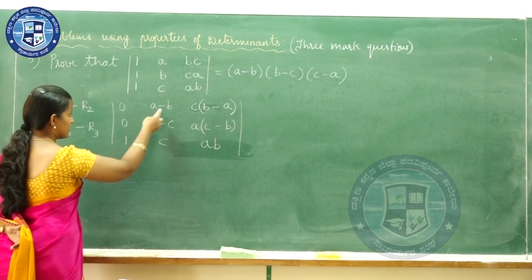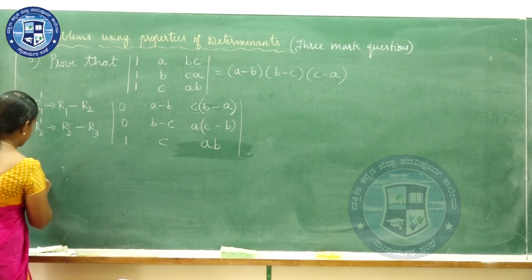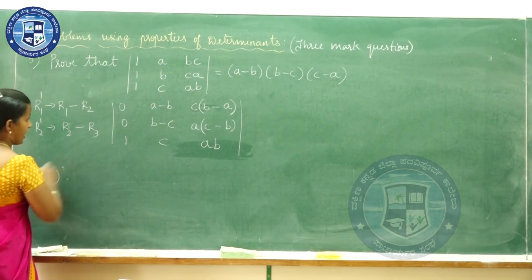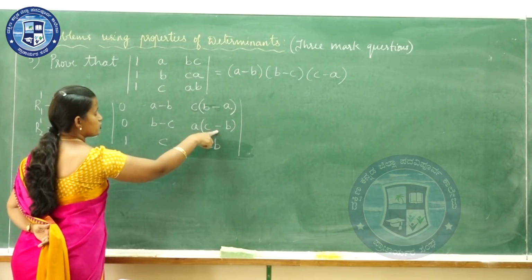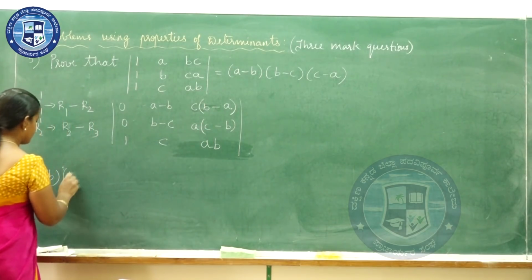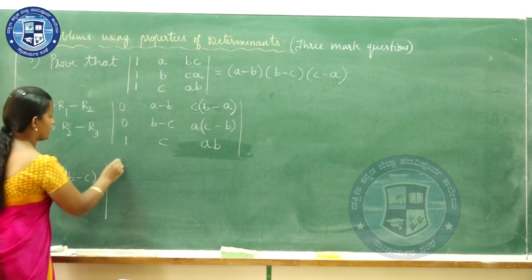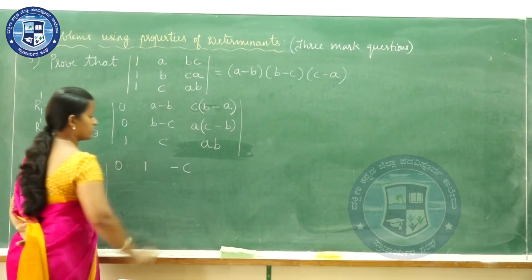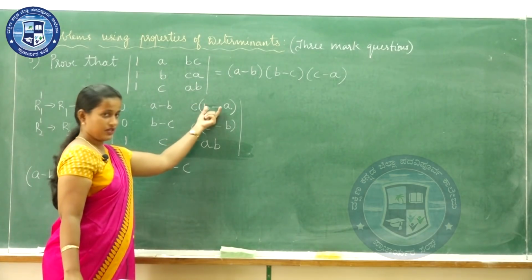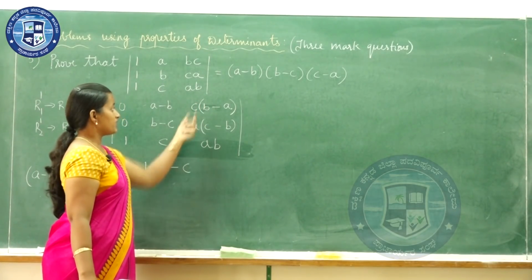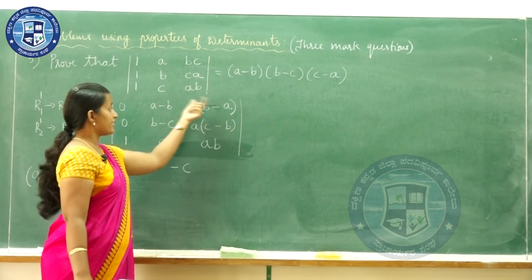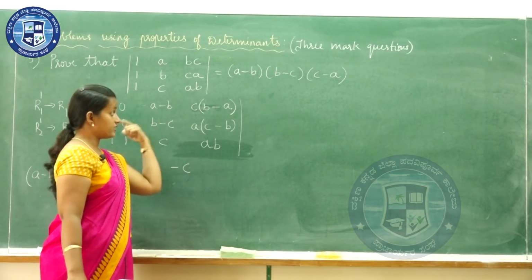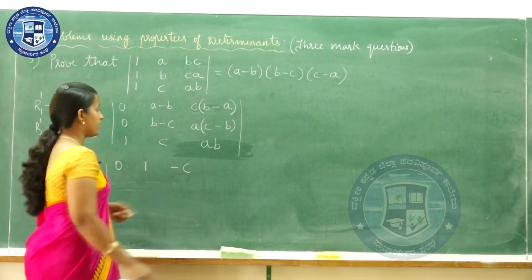So I will take out a minus b directly, a minus b and b minus c. Same situation is in the second row here. I will take out b minus c, but when I write here, I will write minus c. If it was a minus b, then only c would remain. But now it is b minus a, you are taking out the minus sign and then bringing it out. So you need to write it as minus c.